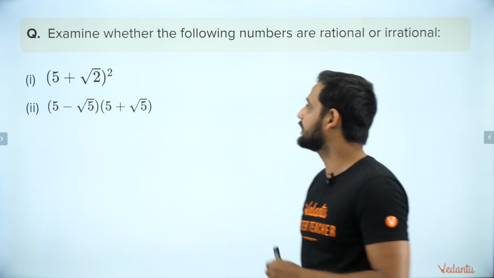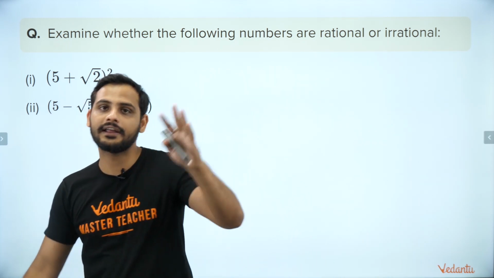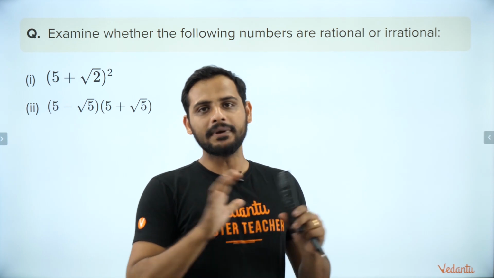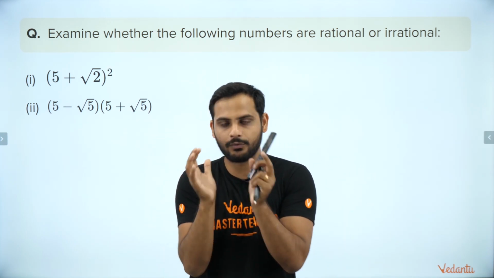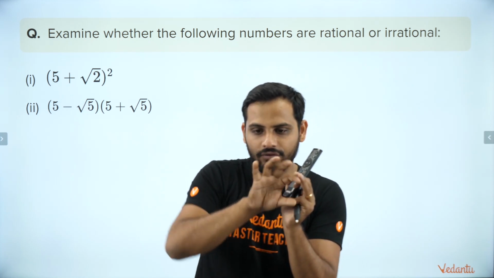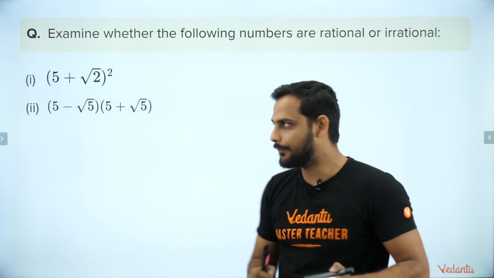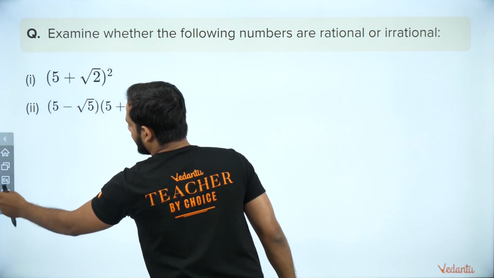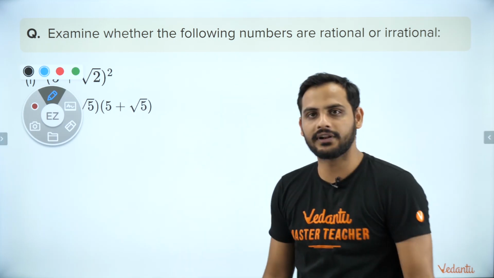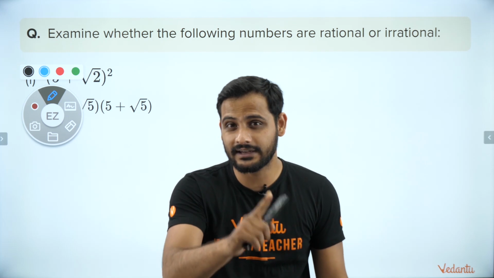The next question is this. Examine whether the following numbers are rational or irrational. Simple thing is, inside a square root, if you have any number which we cannot take outside of this root, that will be an irrational number. I cannot say that any number inside a square root is irrational, that will be wrong.